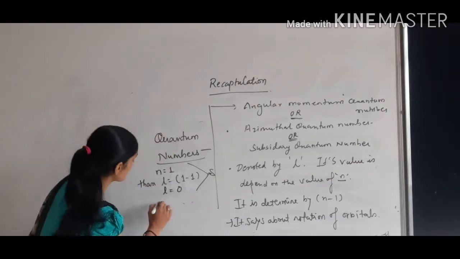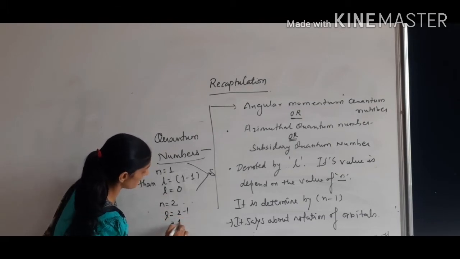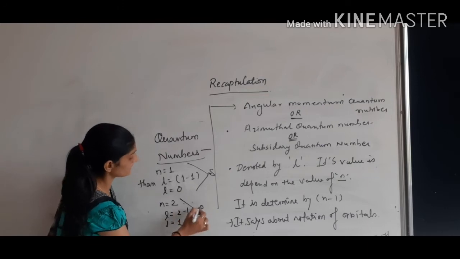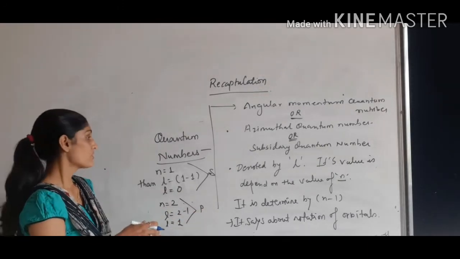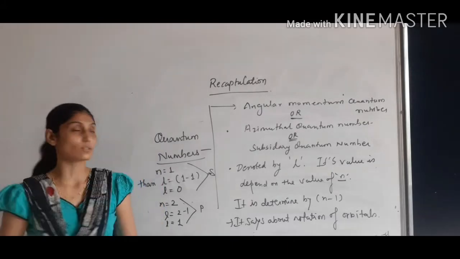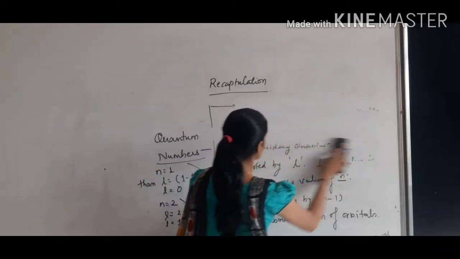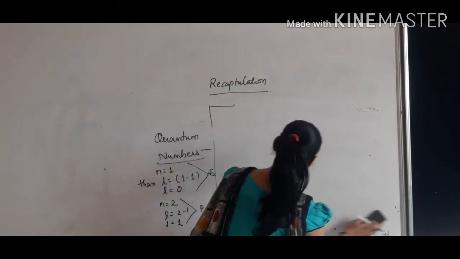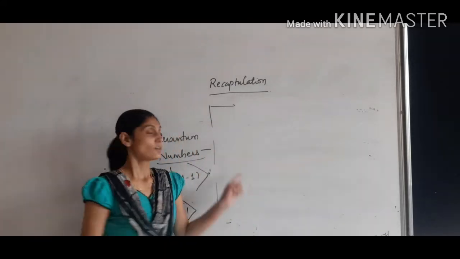In the same manner, if n is equal to 2, then l is equal to 2 minus 1, which is 1, then p. Then d and then f. So it tells us about the notation. That means from the principal quantum number as well as from the subsidiary quantum number, we are getting the notation for the orbital, children.